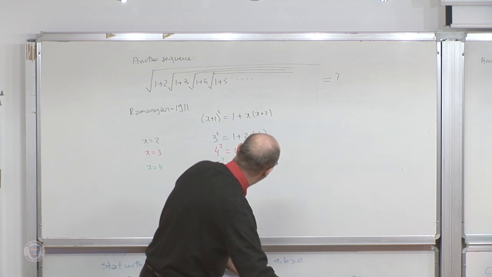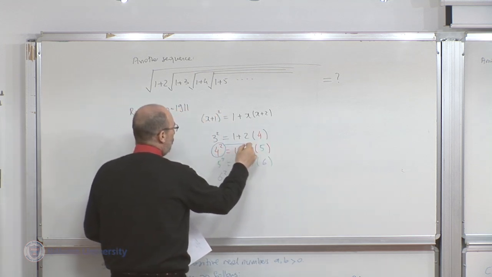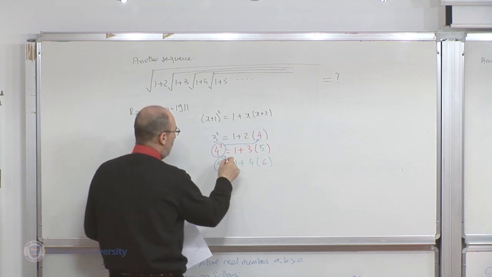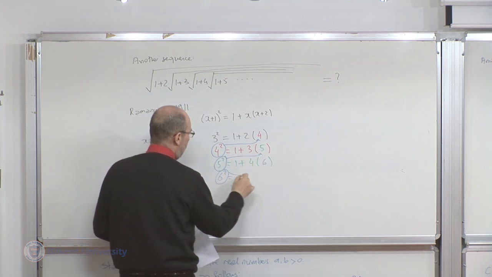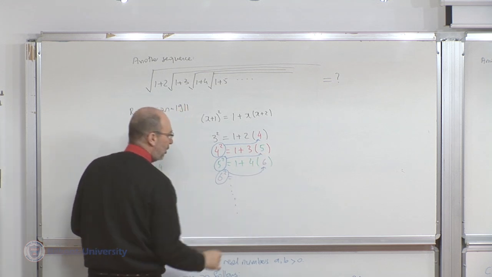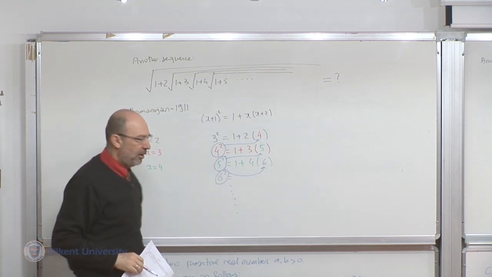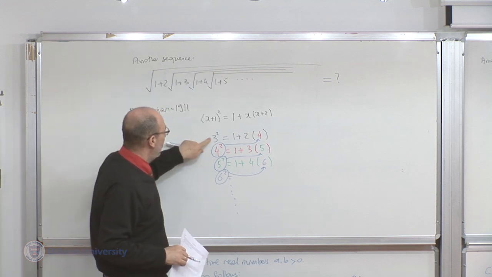Let's use blue. You take this 4 squared, take its square root and put it here. You take this 5 squared, you take its square root and put it here. You take this and you put it here. You keep doing this, then you get this expression. So that expression, without this outer square root, is equal to 3 squared.